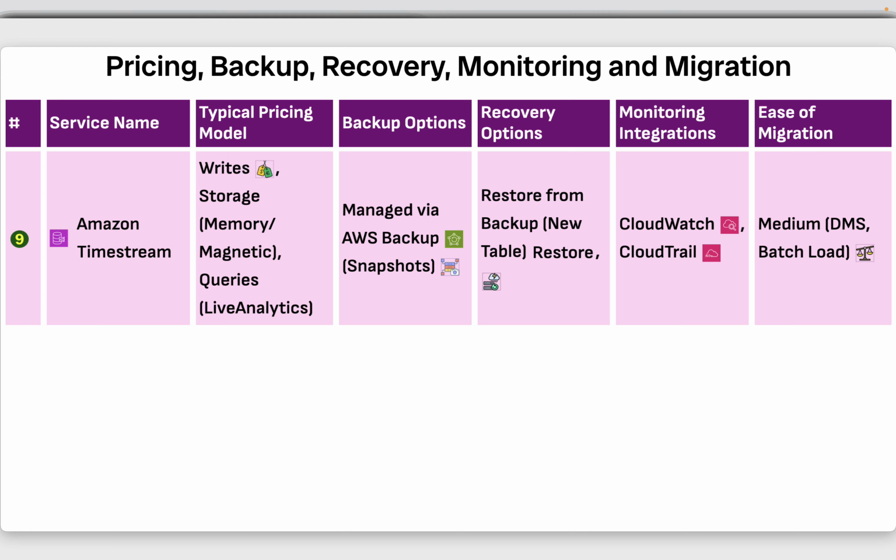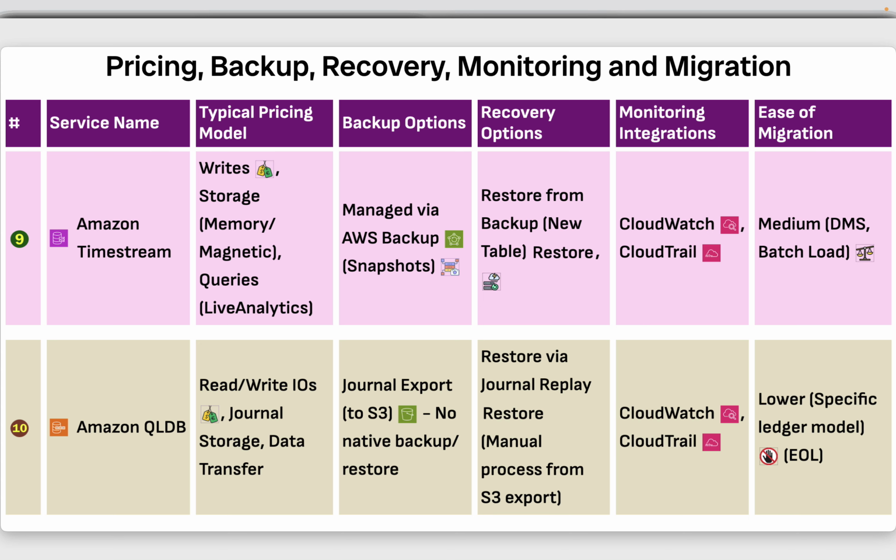Then backup options are managed via a separate service called AWS Backup, and you can have backup to snapshots also. Recovery options: recovery from backup to a new table, so it will totally restore. Monitoring integration: CloudWatch, CloudTrail, and ease of migration is medium. You can use batch load and DMS, Database Migration Service.